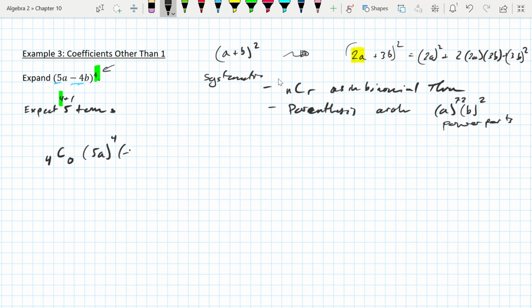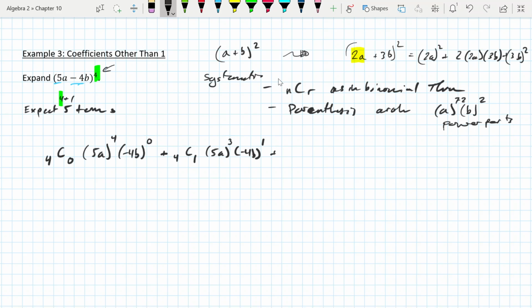The b part is negative 4b. It should have an exponent of 0. Plus 4 choose 1. The 5a and the negative 4b are still there, but 5a is now down to 3, and the negative 4b is up to 1.